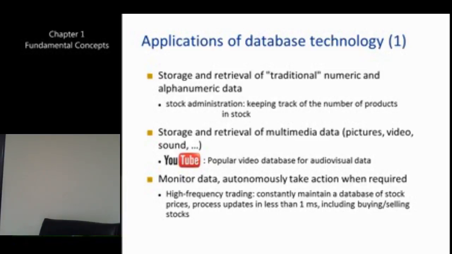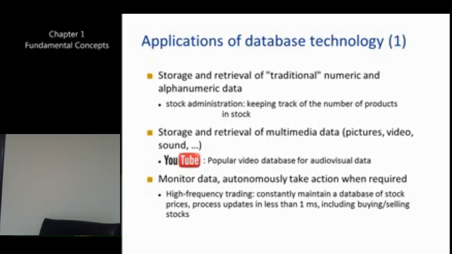That could be customer information, like customer name, date of birth, gender, income, marital status, address. It could also be transaction information, like type of credit, amount of credit, duration of the credit, maybe also a measure of creditworthiness of the customer, etc. So all of that information needs to be stored.